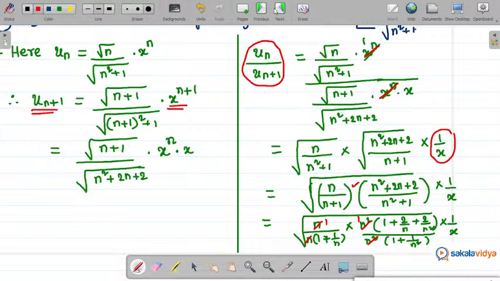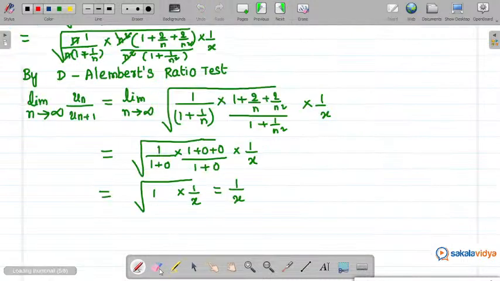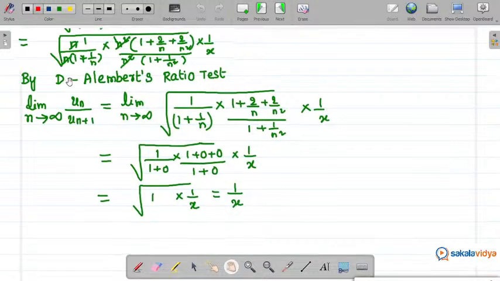So next step we have the root of 1 by (1 plus 1 by n), into (1 plus 2 by n plus 2 by n square) by (1 plus 1 by n square), into 1 by x, by D'Alembert ratio test.